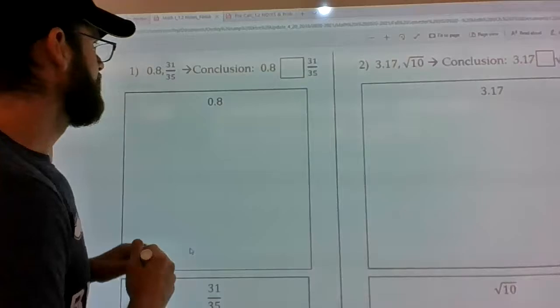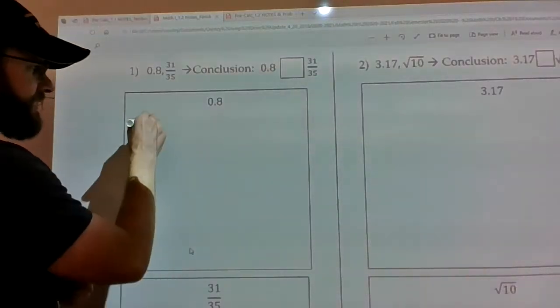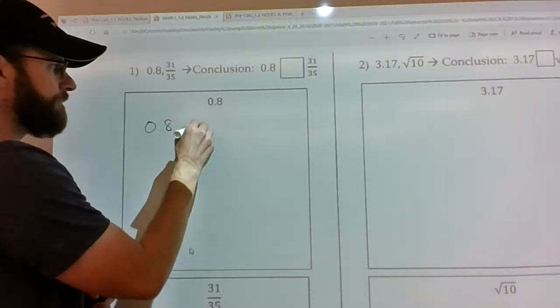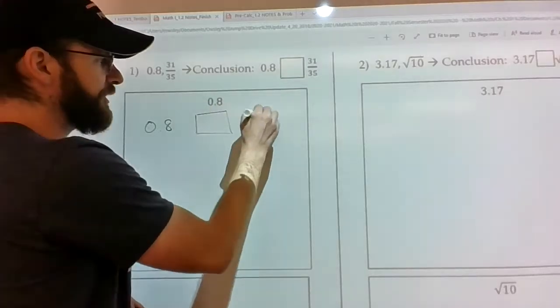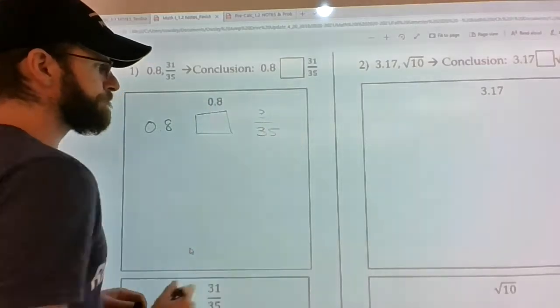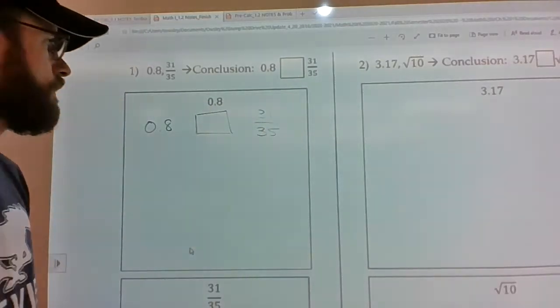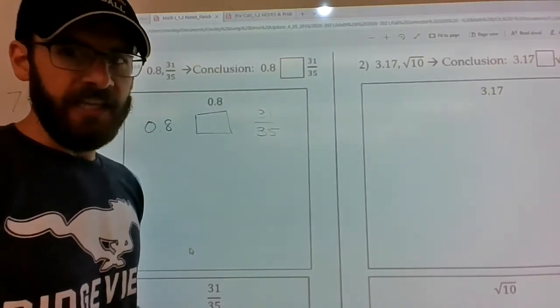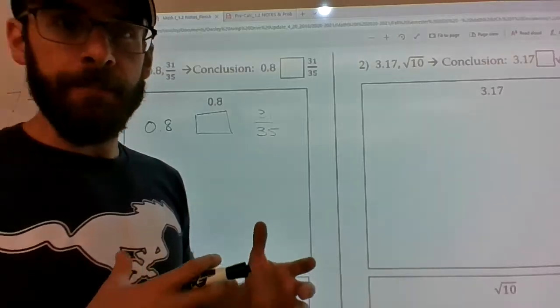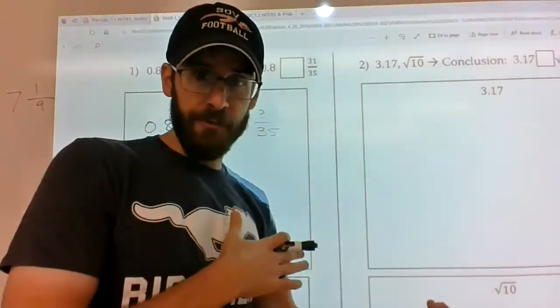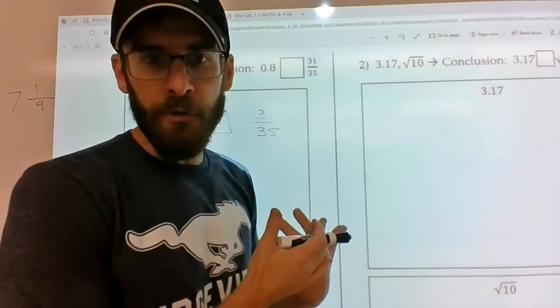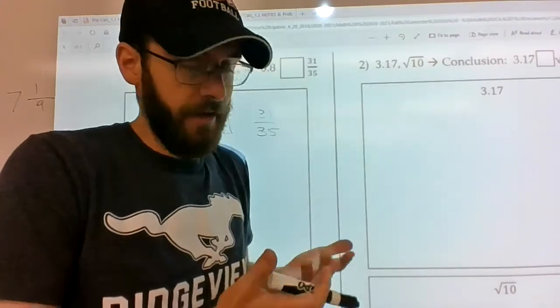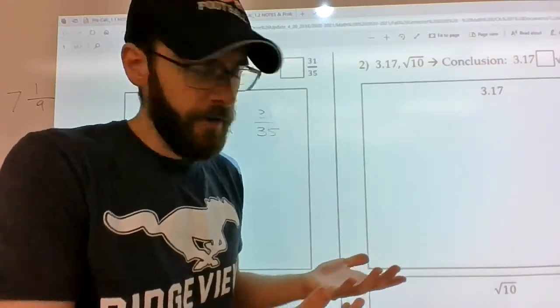Yeah. So 0.8 versus 31 over 35. So we just need a common language between those two. Like when you're trying to compare a square root to a non-root, it makes sense that we turn them both into square roots because then I'm just looking at a number compared to a number.